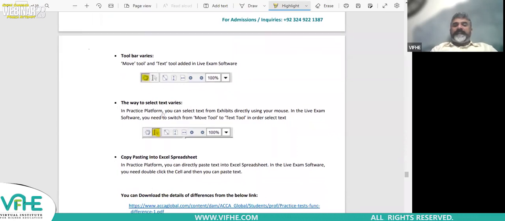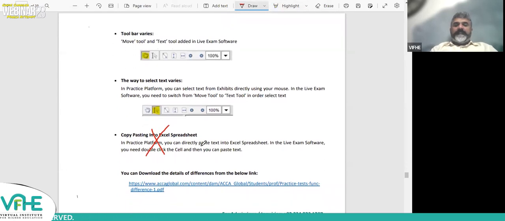The way to select text varies. It's simple, you can just go through it, like copy pasting into an Excel spreadsheet. Well, this is not applicable to us because we will not use Excel. There's a link here which you can click to understand the differences, but nothing to worry about. Just mentally know what's happening so that you don't panic and you're not caught by surprise.